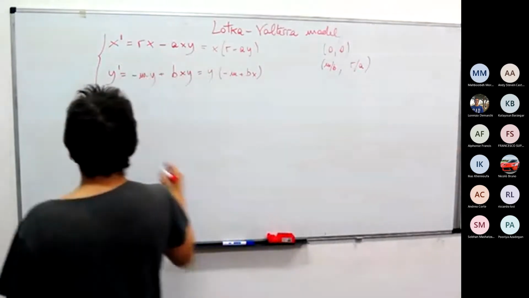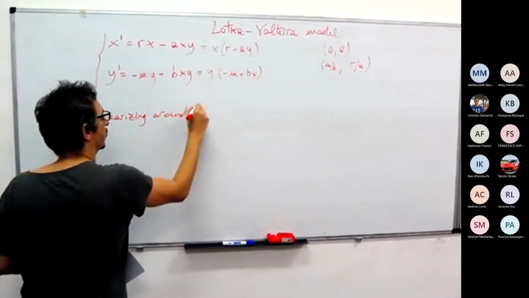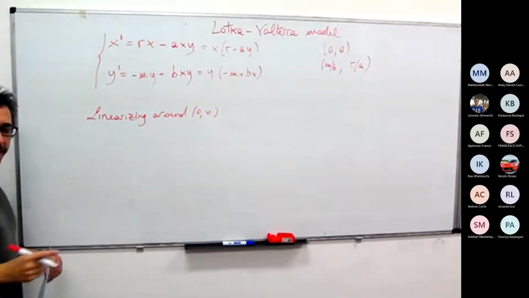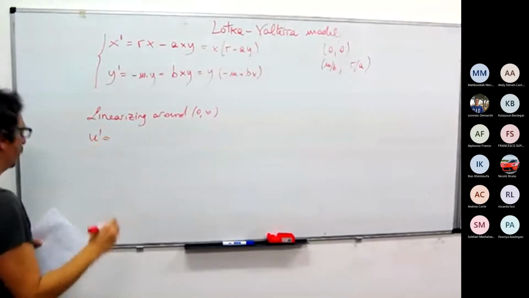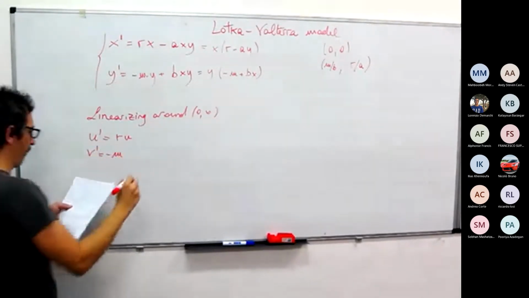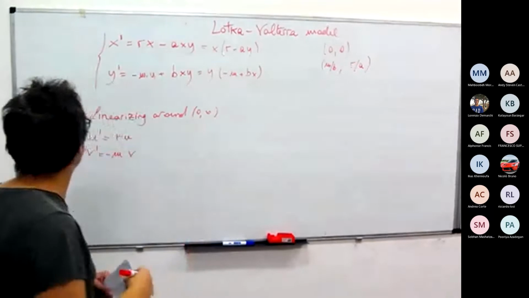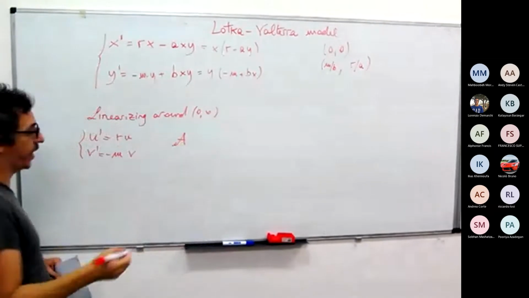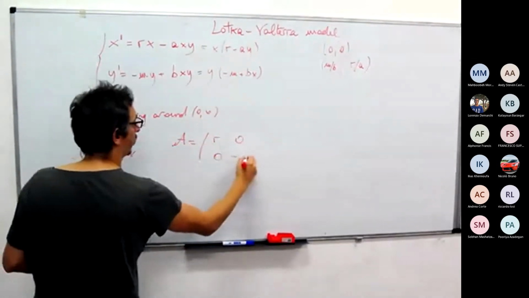So if I'm linearizing around (0, 0), I will write directly the results, I'm not doing the calculation at the board. I find u prime equal to r u and v prime equal to minus n v, with the Jacobian matrix of the linearization given by r, 0, 0, minus n.